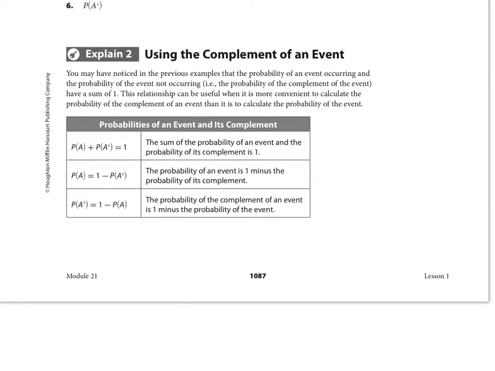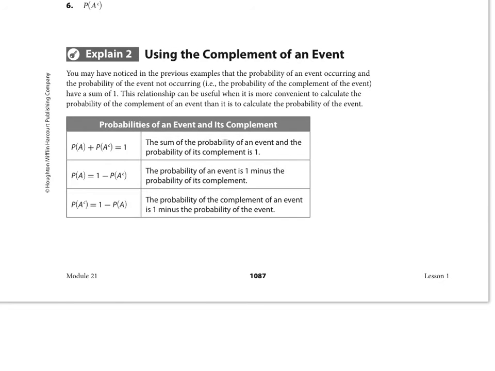And so we can use this relationship that the sum of the probability of an event and the probability of its complement, or of it not happening, has to be 1. So if I want to calculate the probability, I can do that by taking 1 and subtracting the probability of the complement. Or if I want the probability of the complement, I can just take 1 and subtract the probability of the event itself. Why is this helpful?